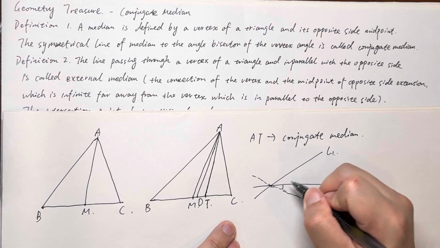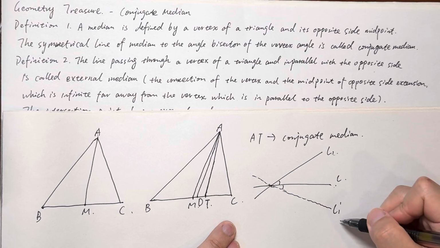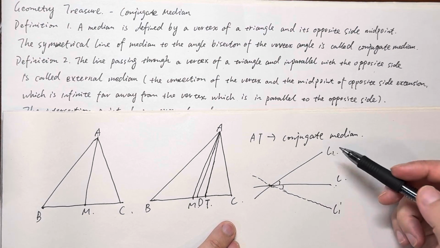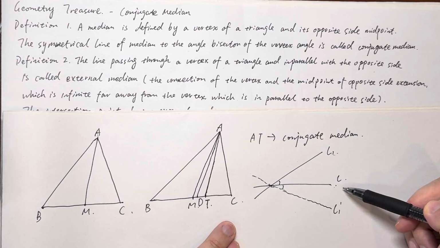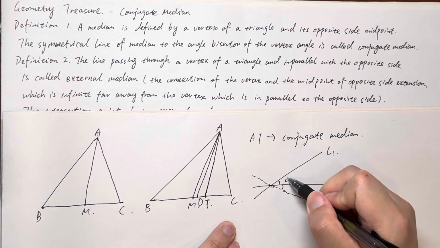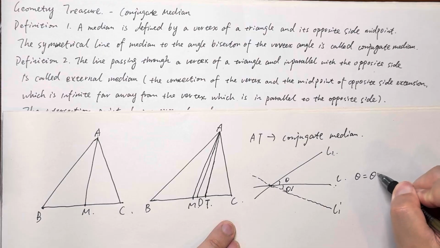And also the angle formed by L1 prime, which is considered the symmetrical line of L1 to L, should form the same angle with line L as L1. So here is theta, this is theta prime, and theta equals theta prime.